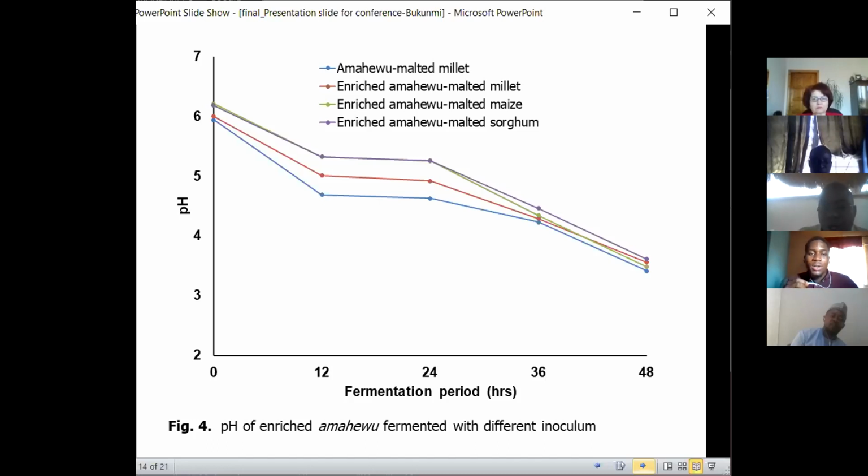So the addition of soybean to this product led to a little increase in the pH. Among the enriched samples, the one inoculated with malted maize showed the least pH at the end of the fermentation, at the end of 48 hours. So you can see that the inoculums were different, and the pH result shows the difference in the inoculums.